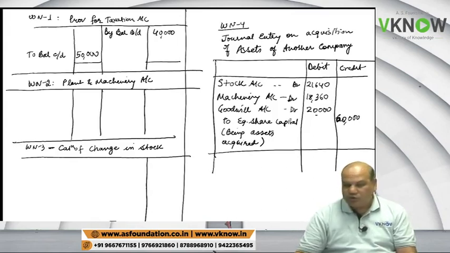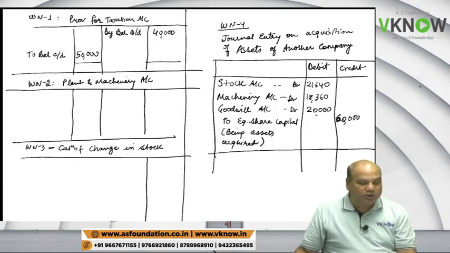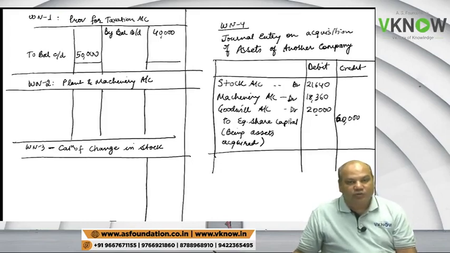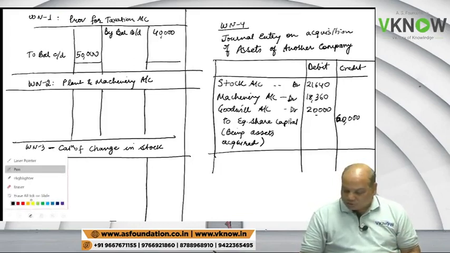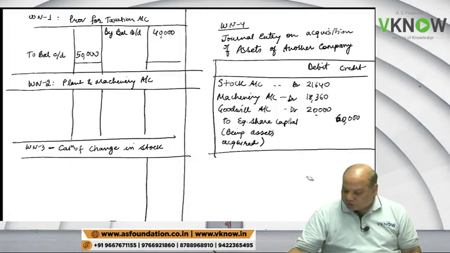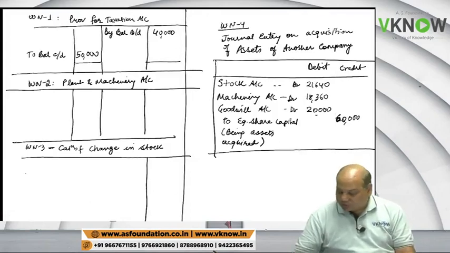So now you can see the entire 60,000 rupees difference in share capital is tallying with this 60,000. So shares were not issued against cash, and therefore it won't be reflected in the cash flow statement.